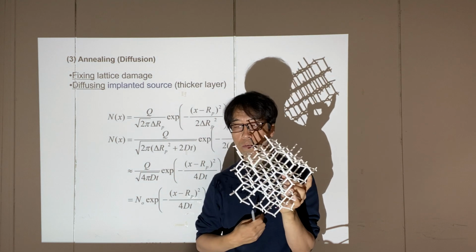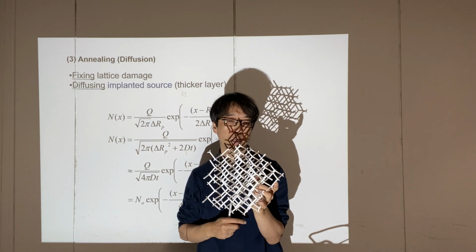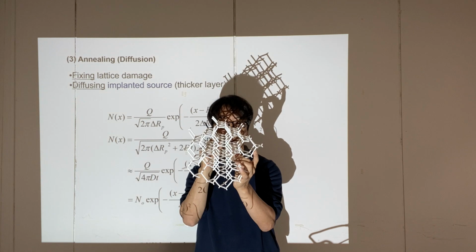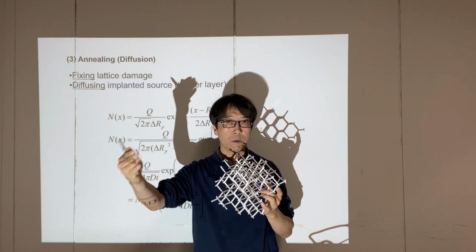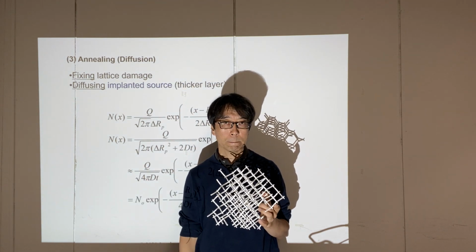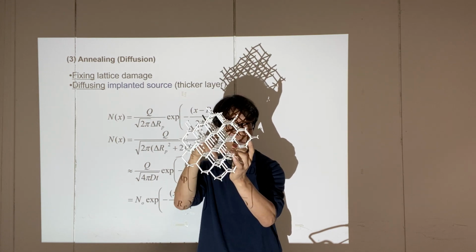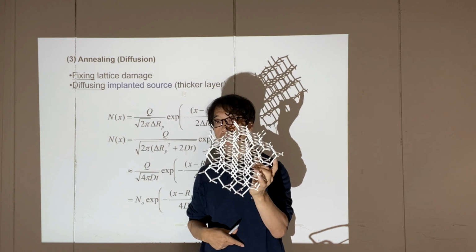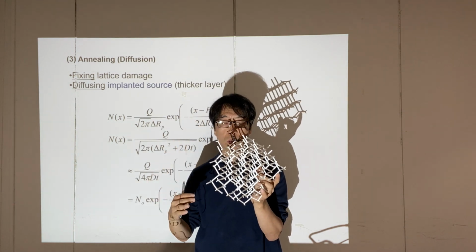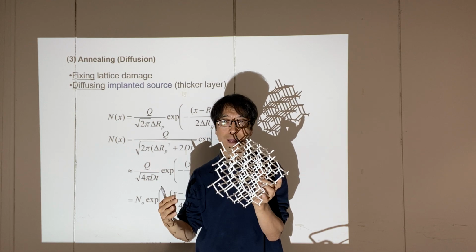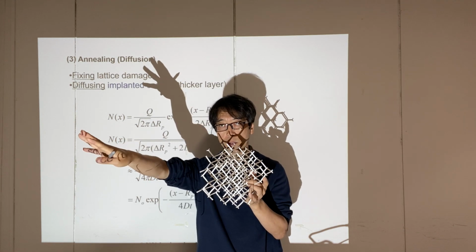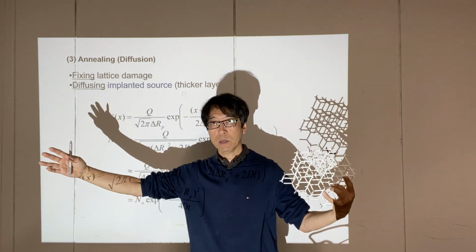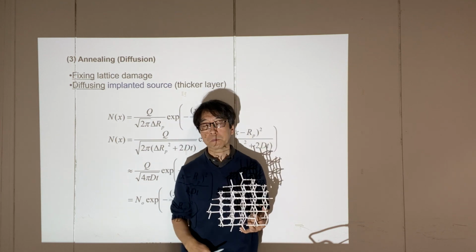There will be a very interesting phenomenon. These little particles, the ions, will penetrate very, very deep into the silicon, because there's nothing that blocks this penetration. In that case, you won't be able to obtain a nice distribution. Everything is just random, and the depth of distribution occurs at a very long length indeed.